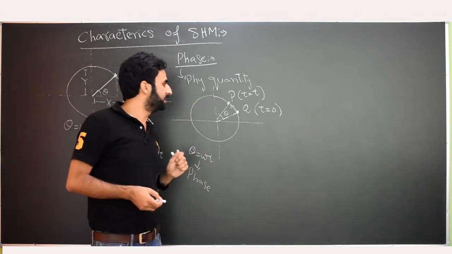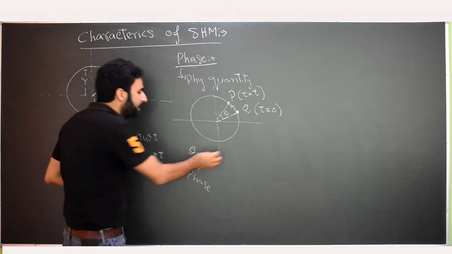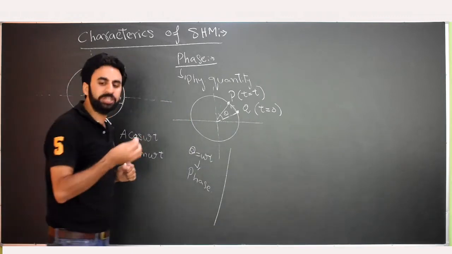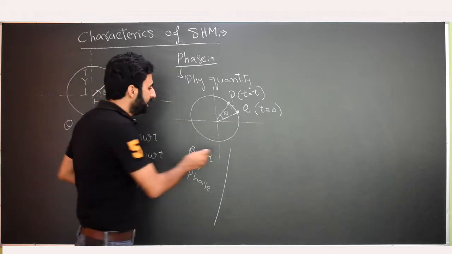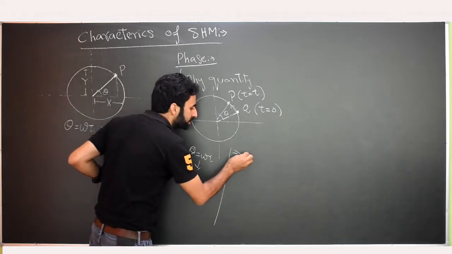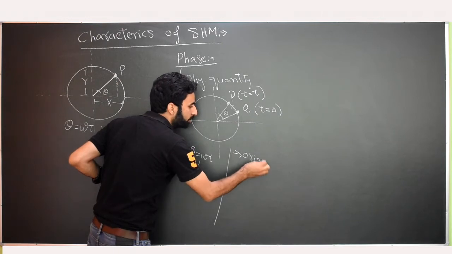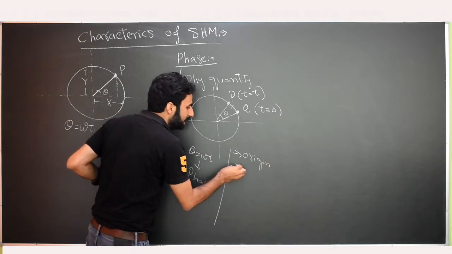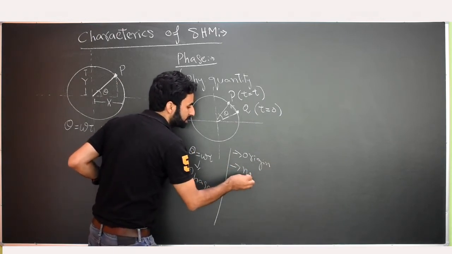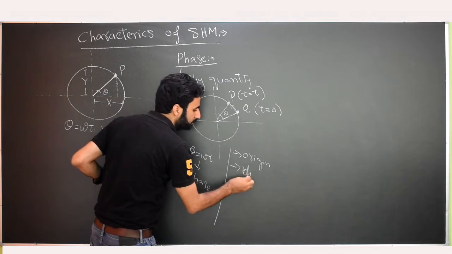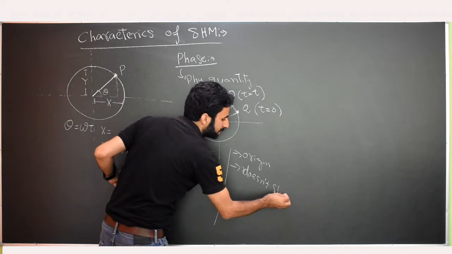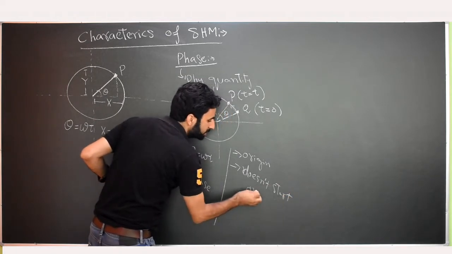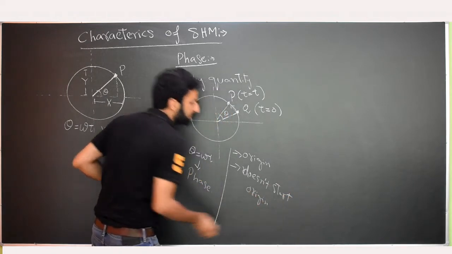Now here the question is, in case the particle starts from the origin, there are two different things we can discuss. One, the particle starts from the origin. And second, the particle doesn't start from the origin.